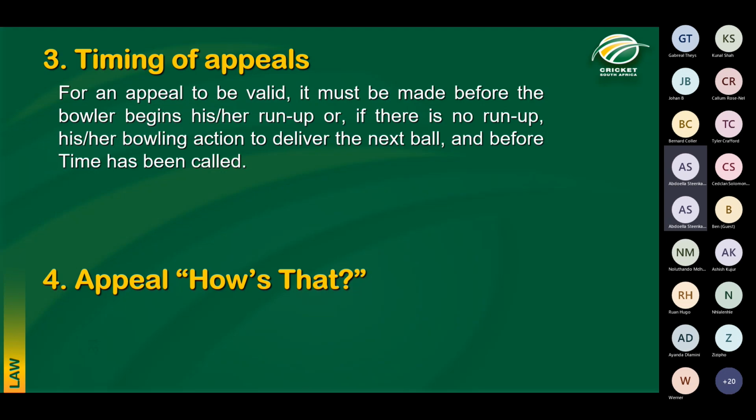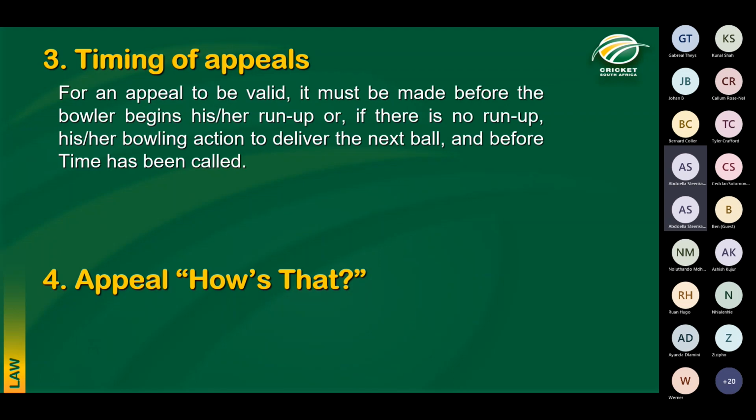Now, the law actually tells us that an appeal is still valid, and there's a window period for this appeal to be valid. And what is that window period? An appeal is still valid as long as the bowler has not started his action to deliver the next ball, and before time has been called.